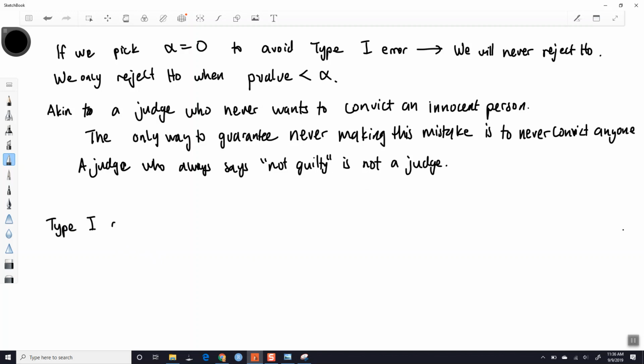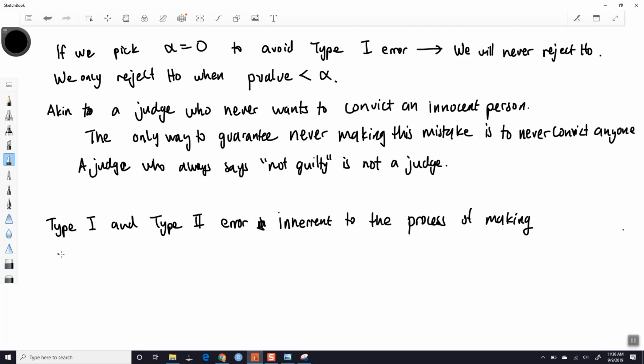I'll say that. Type 1 and type 2 error is inherent to the process of making a conclusion without all the data.